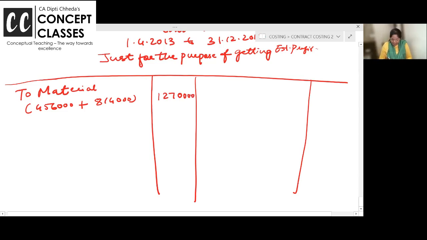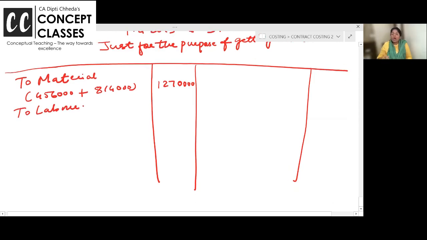Write down the labor. Do add and less here, complete as I taught you, or ignore the closing outstanding of the first year because next year it will be opening outstanding. So then you can just take the closing and prepaid at the end of the project.